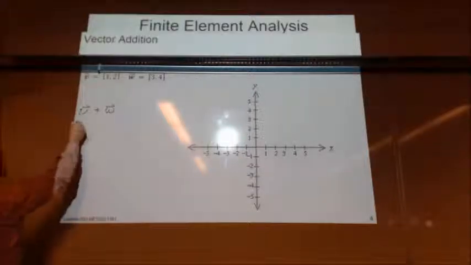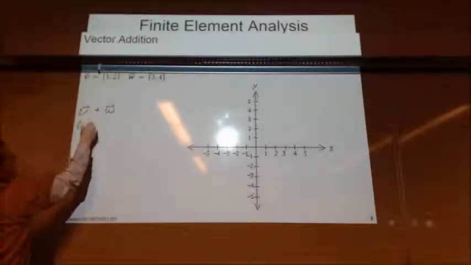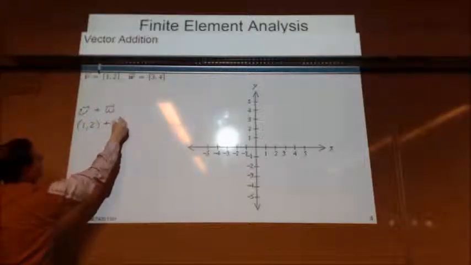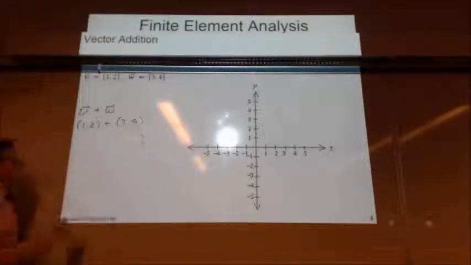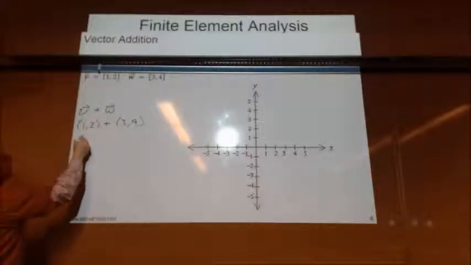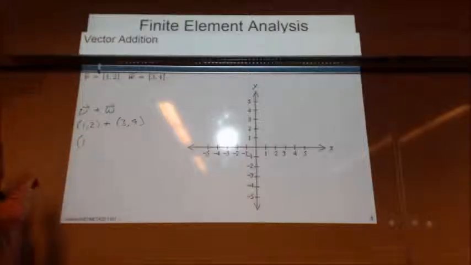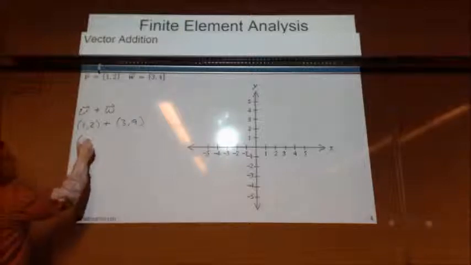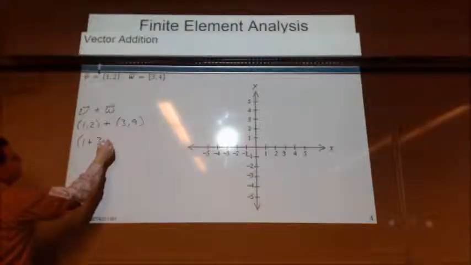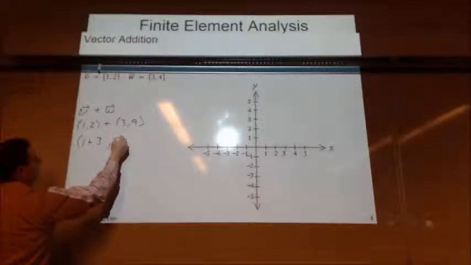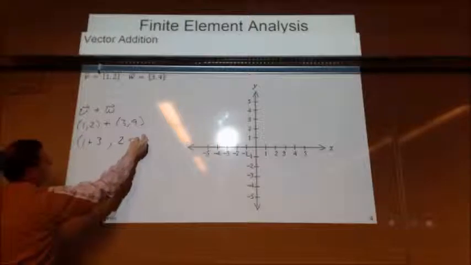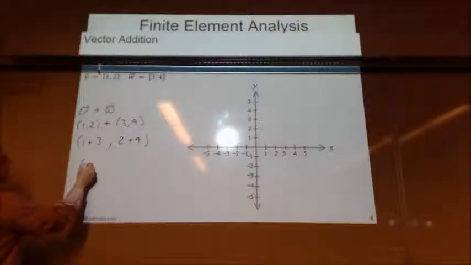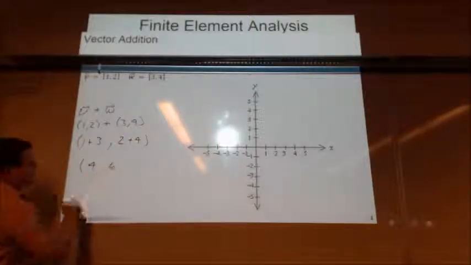It's going to be 1, 2 plus 3, 4, right? 1 plus 3. Oh, yes. Sorry, I wasn't following what you were saying. Then we get 2 plus 4, right? So this will end up being 4, 6.